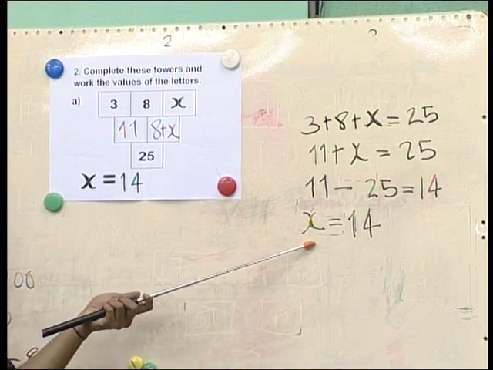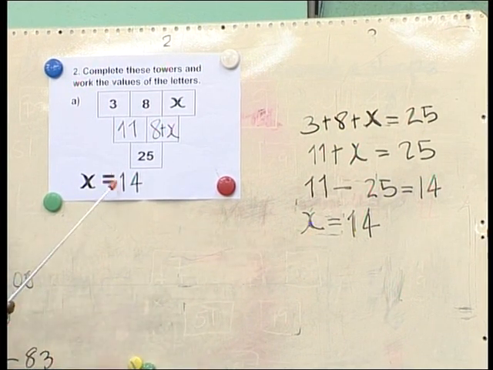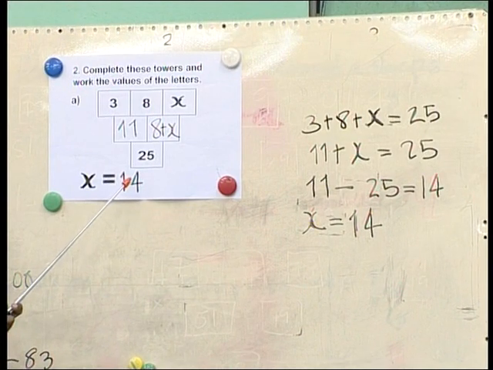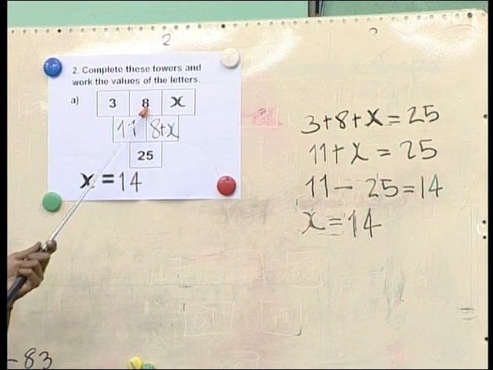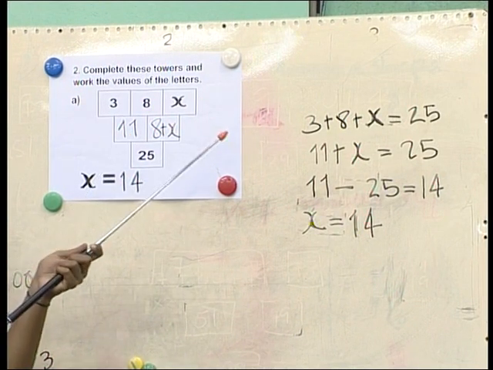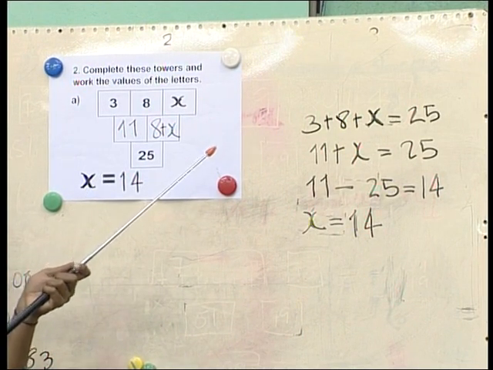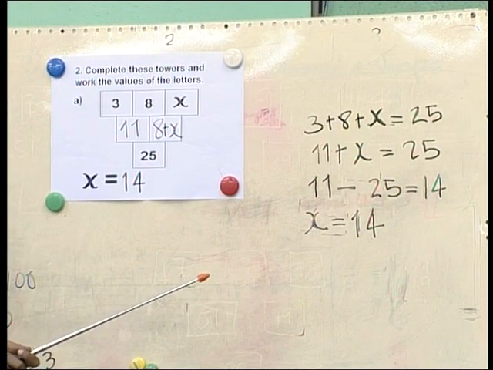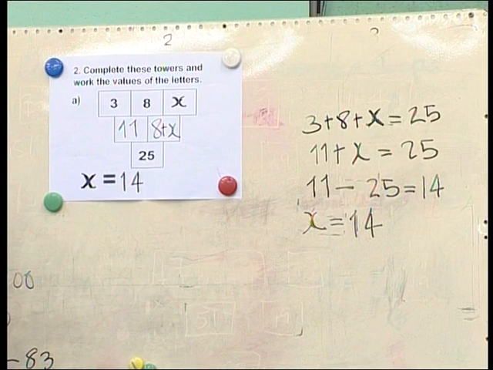So his value of X is 14. So 3 plus 8 is 11 plus 14. Okay, Donald?